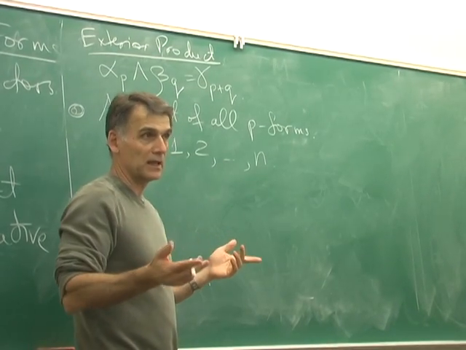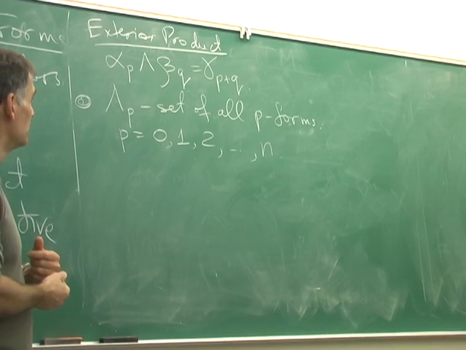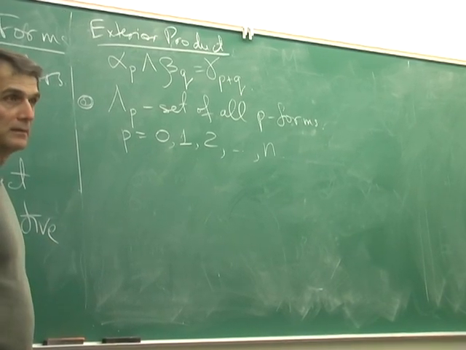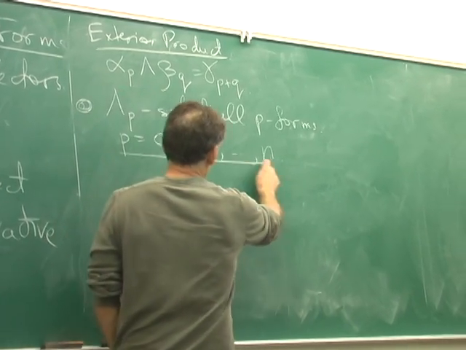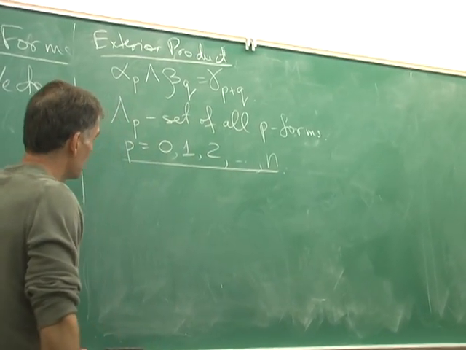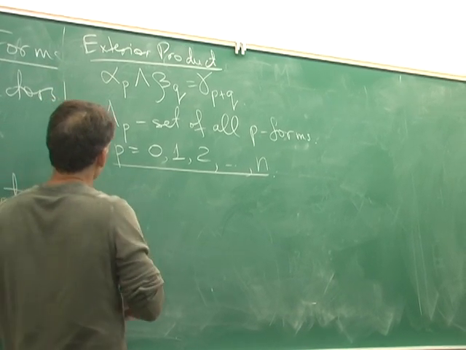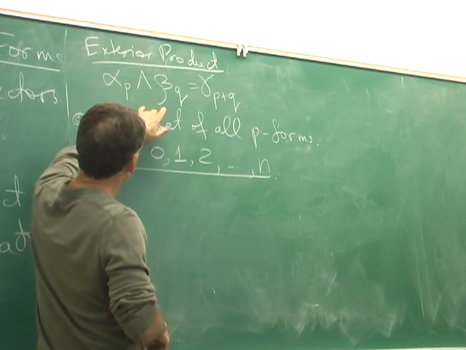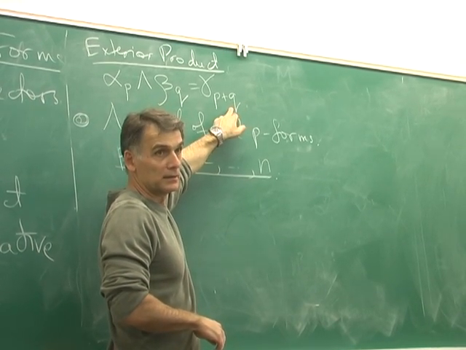But they can only take N values, so you cannot have different indices if there are more than N. So that's why it is 0. So these are the only values that they take, and you actually can compute the number of components, but that's not important. So anyway, if you get P plus Q, which is greater than N, then what is it?